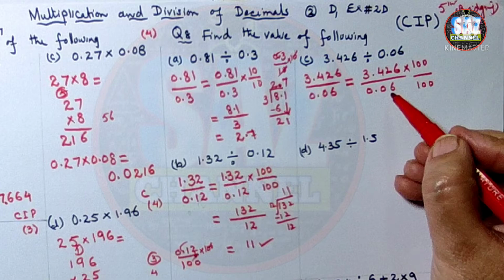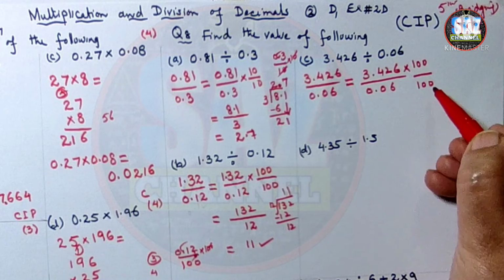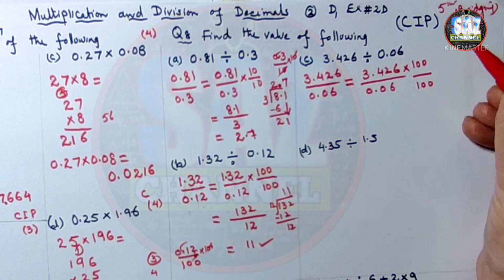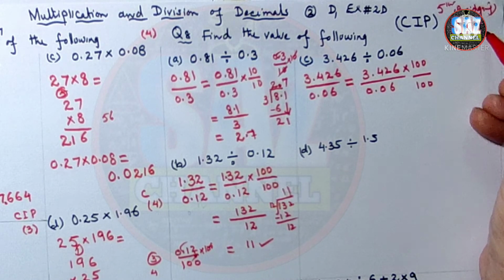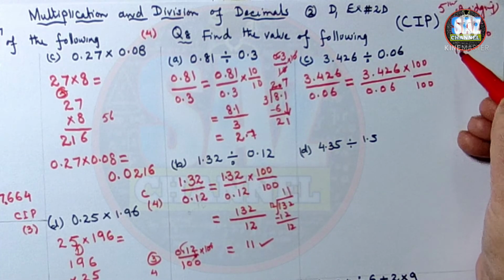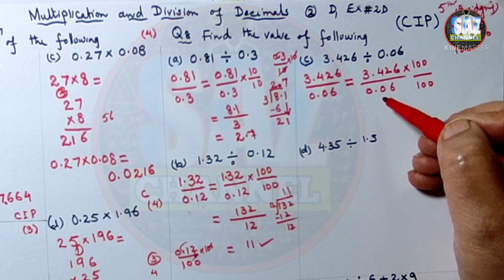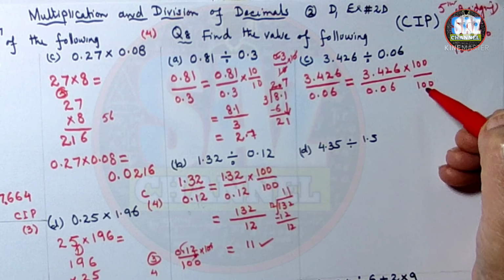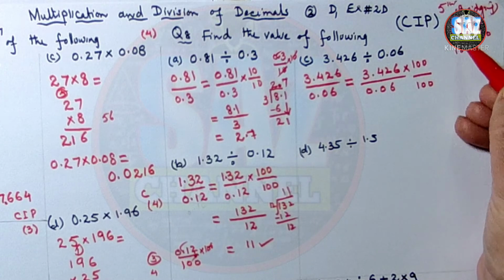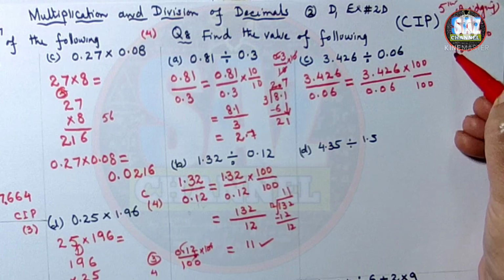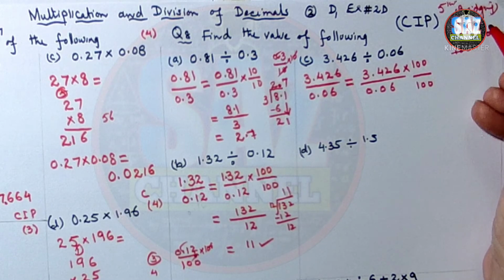Now when I multiply 0.06 by 100, I can remove the decimal. For those students who find it difficult to understand how 0.06 after multiplication becomes 6 only, when I'm removing the decimal, 0.06 has 100 underneath it, and this 100 goes with this.